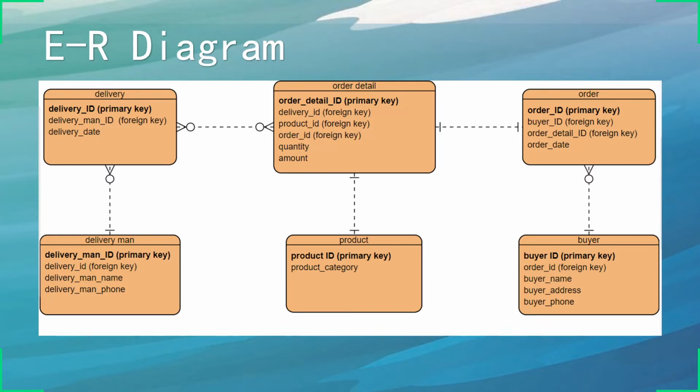The buyer table and the order table have a one-to-many relationship, because one buyer can order many furniture orders, and one order cannot be purchased by many buyers. That is all for our ERD pictures.